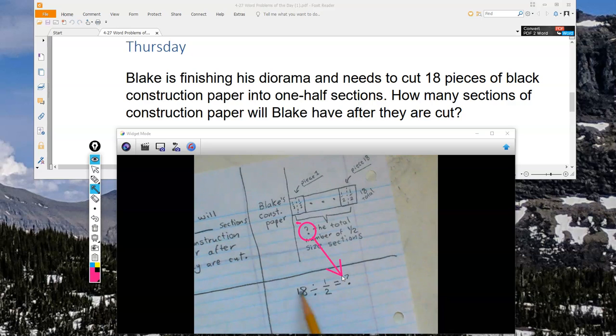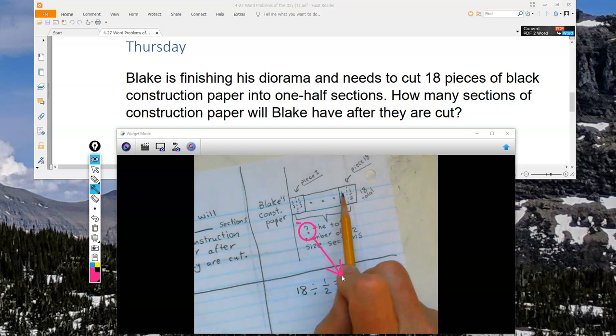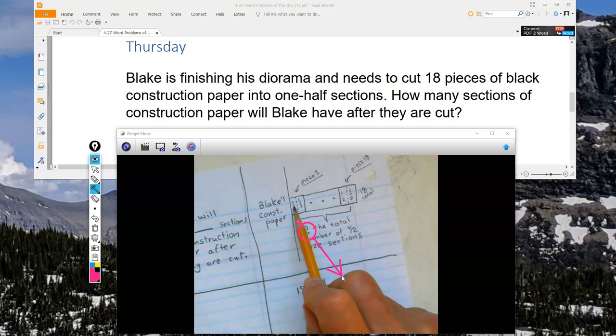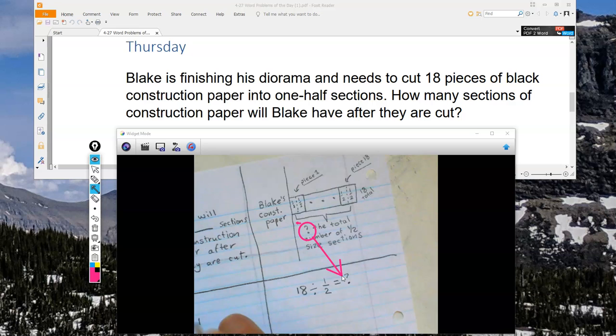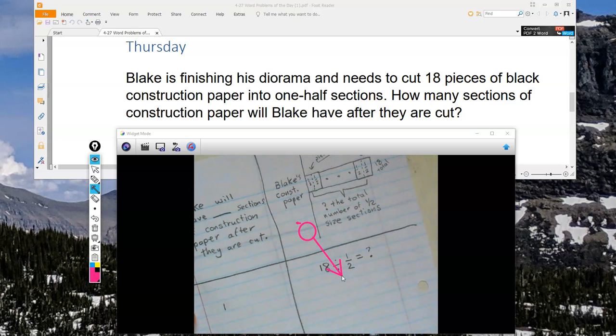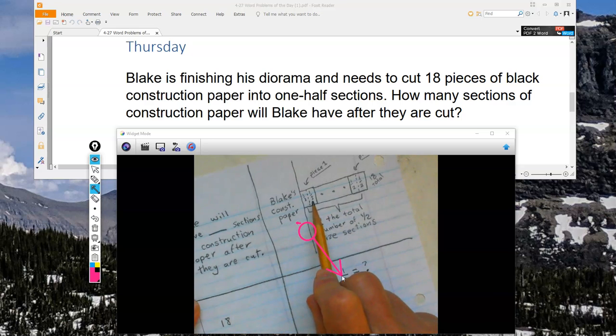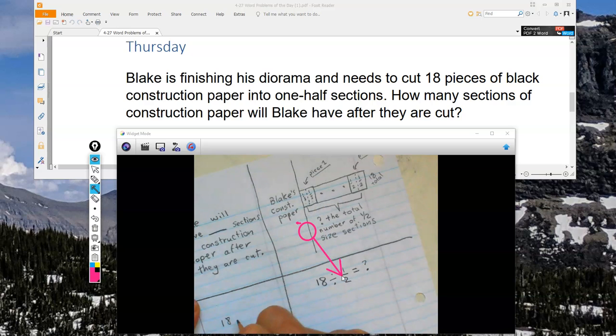That's what I'm going to do by doing this. Now, I could do this by writing it out. If I took 18 of these pieces of construction paper, I have 2 in each one. So I would solve this by doing 18 total pieces, and in each one I have 2 of these 1/2 pieces. So I'd take 18 multiplied by 2, and that equals 36. That's how I find the total number of 1/2 pieces.